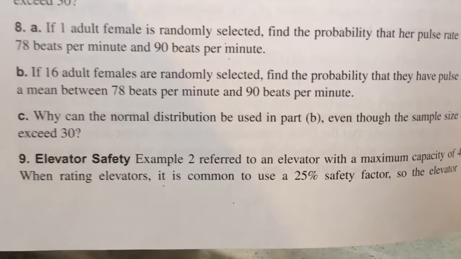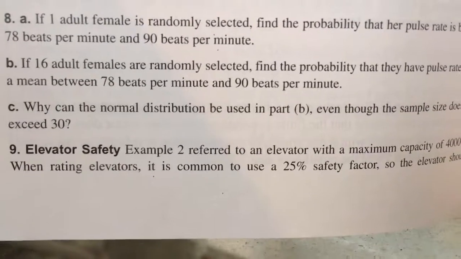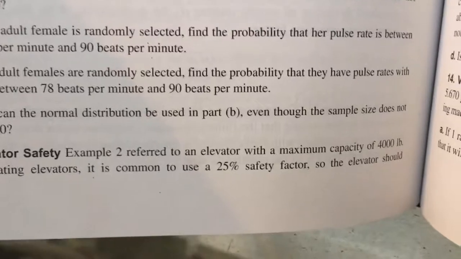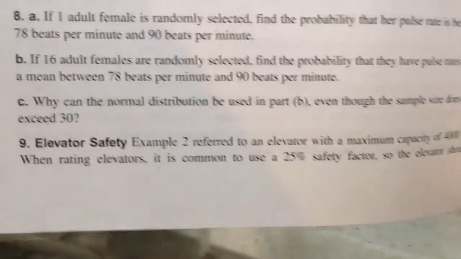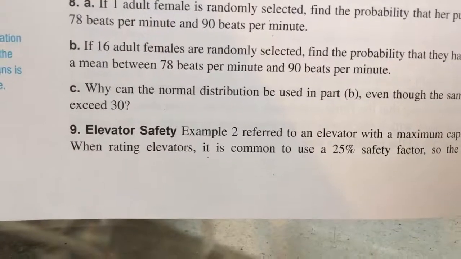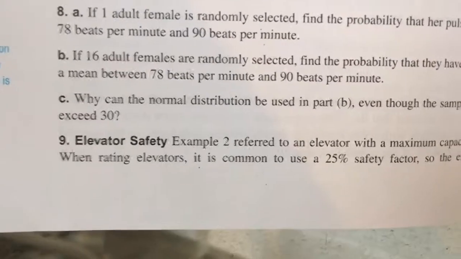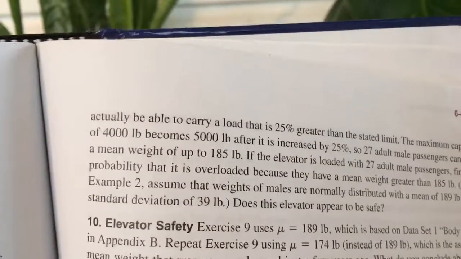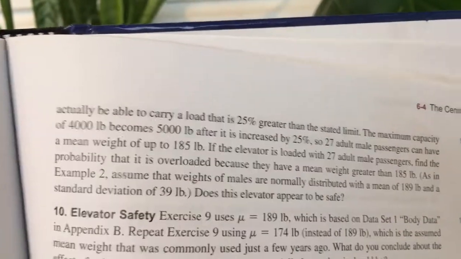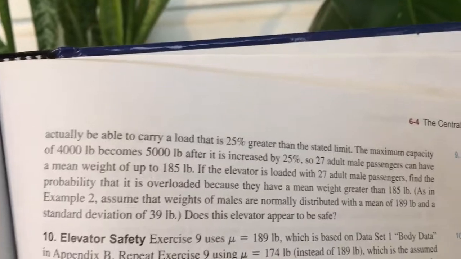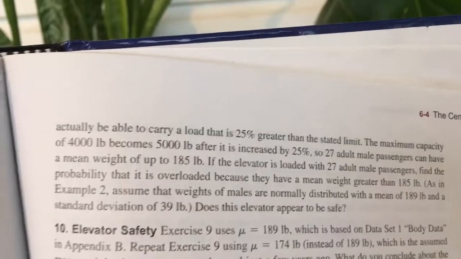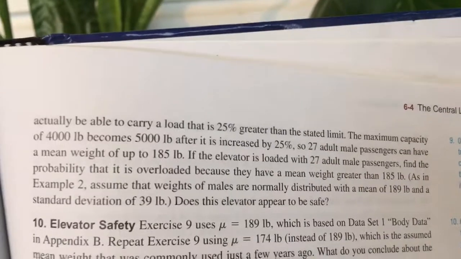All right, so number 9 is elevator safety. Example 2 refers to an elevator with a maximum capacity of 4,000 pounds. When rating elevators, it is common to use a 25% safety factor. So the elevator should actually be able to carry a load that is 25% greater than the stated limit. The maximum capacity of 4,000 pounds becomes 5,000 pounds after it is increased by 25%.